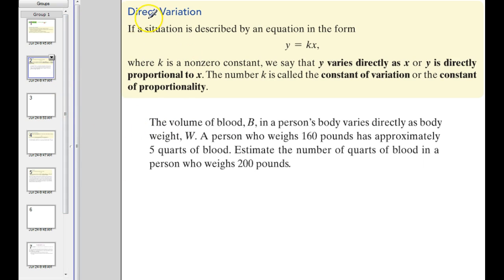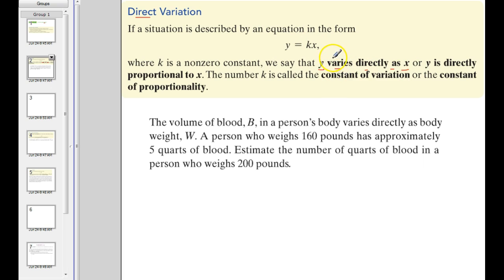If you see direct variation, if you see something varies directly with some other variable, then you're going to set up something that looks like this. One variable is equal to k times the other variable. So when you see y varies directly as x, that means y equals k times x.